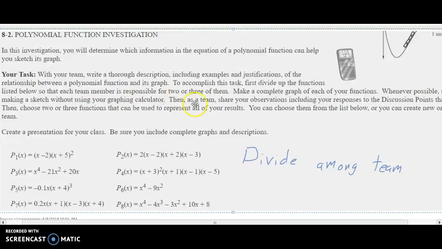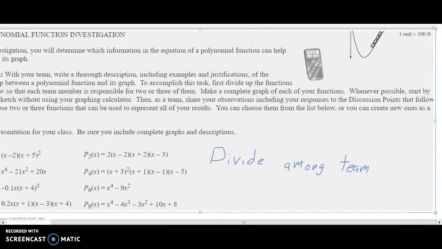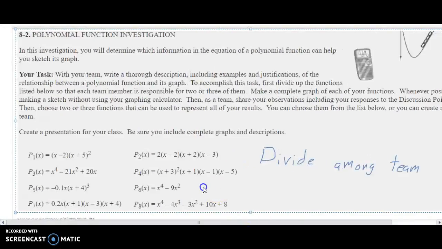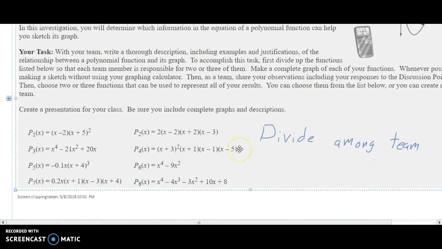Then as a team, share your observations, including your responses to discussion points. Then choose 2 or 3 functions that can be used to represent all of your results. And you can choose from this list, or you can create a new function if you so desire, right? You can create a new function to talk about.